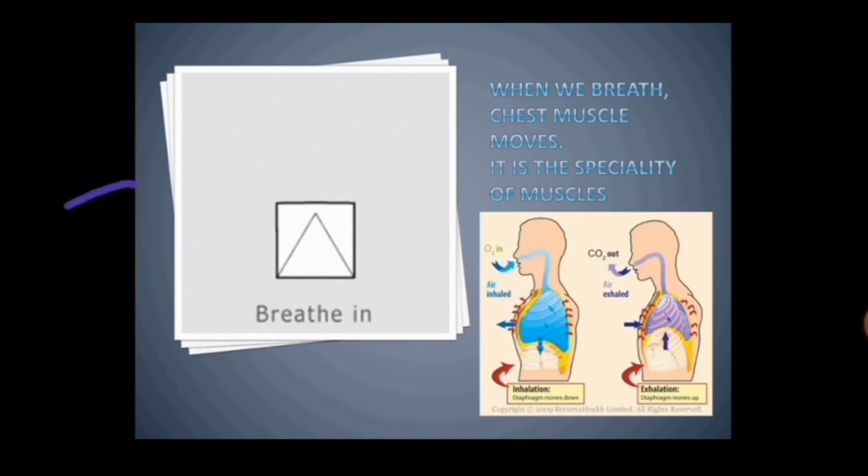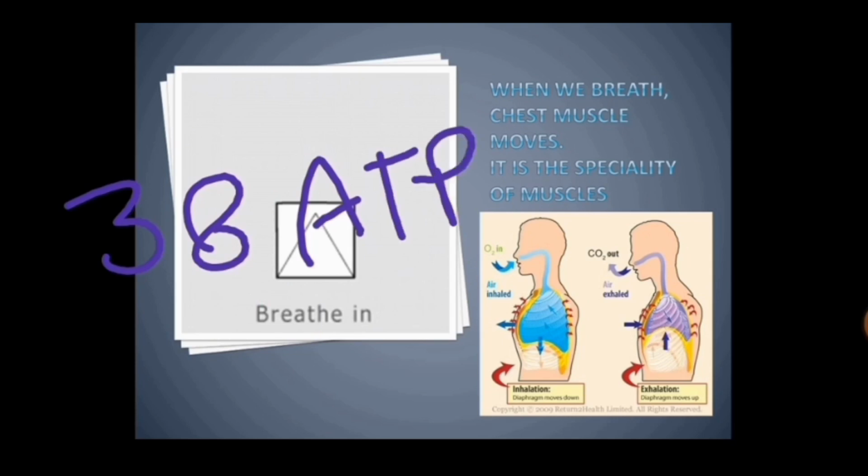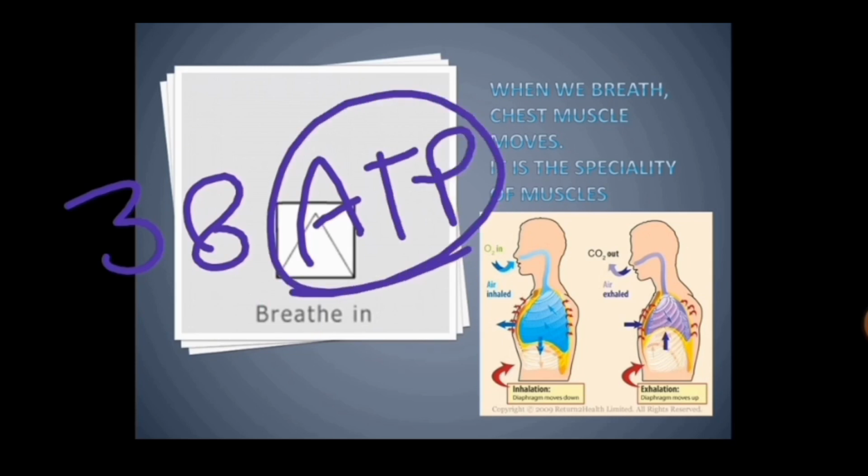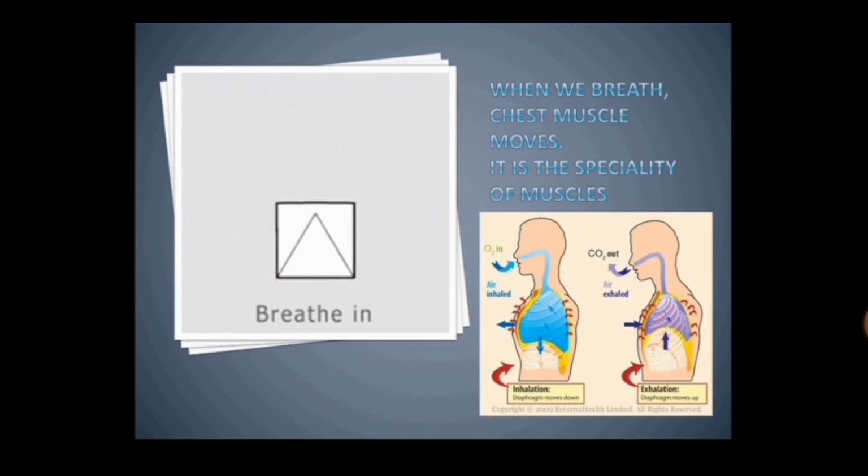So children, 38 molecules of ATP in each cell. And ATP is nothing but the energy. Just to tell you that they are interrelated. So with this example, I am only giving you the idea of the significance of animal tissue, right?